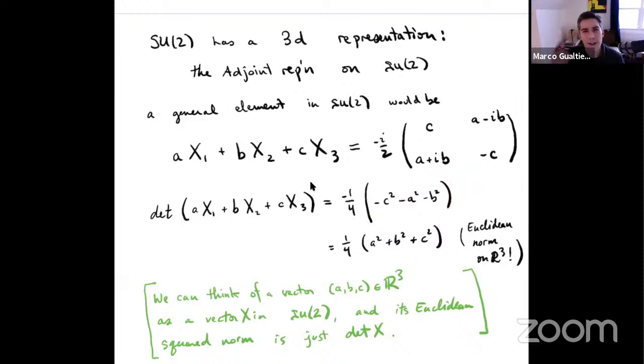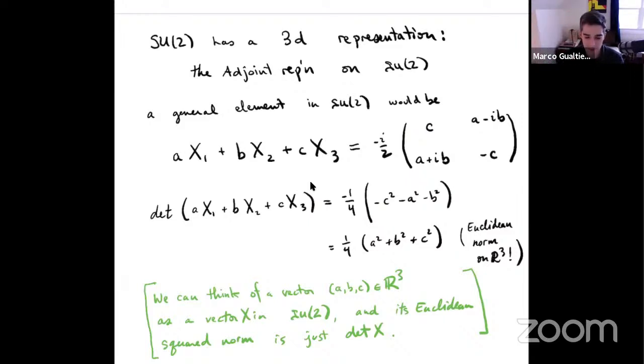So you see that, very strangely, the determinant of one of these elements is actually the three-dimensional norm that we know in R3. We don't usually think of the norm of a vector in R3 as being the determinant of a matrix, but indeed it is.